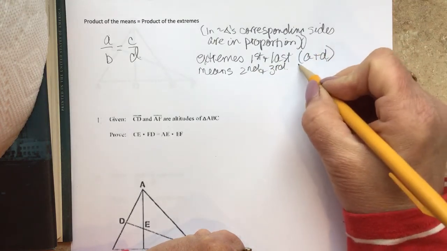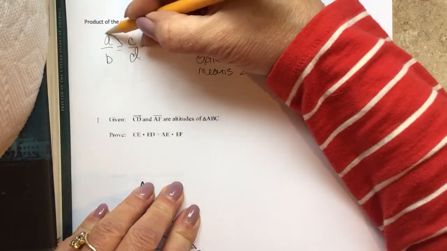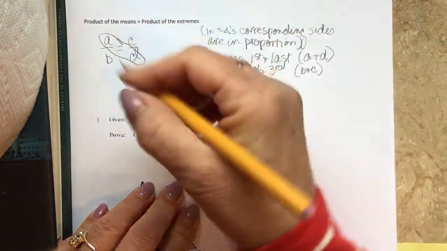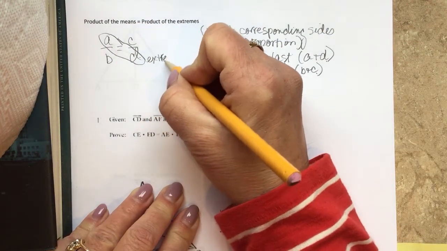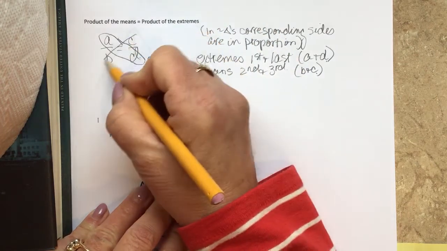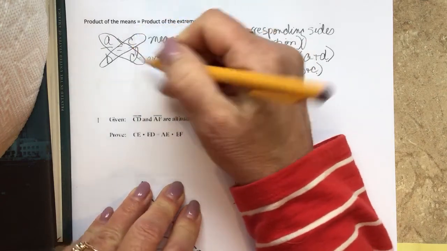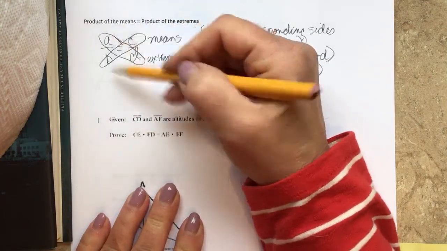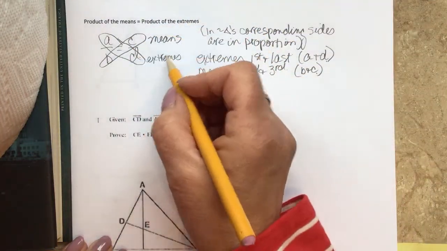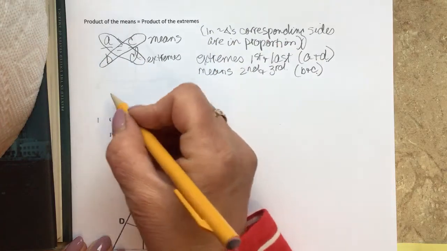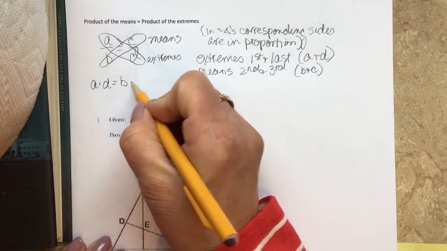In this case, B and C. So A and D are our extremes, and B and C are our means, just in this proportion. If I turn it upside down, they switch places because that's what happens when you cross multiply. So product of the means equals product of the extremes means A times D will equal B times C.